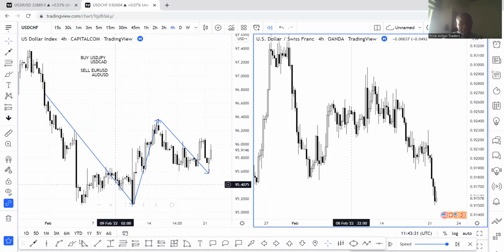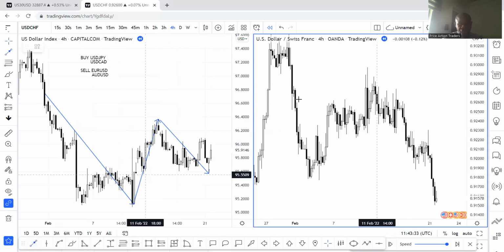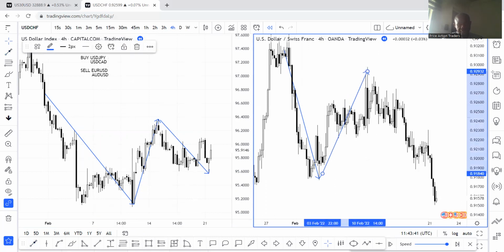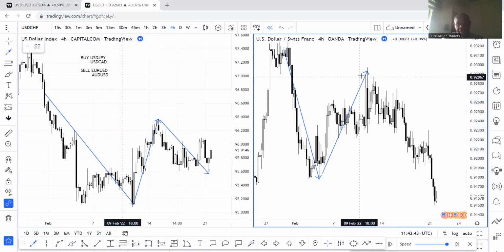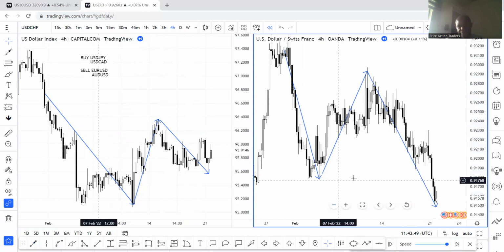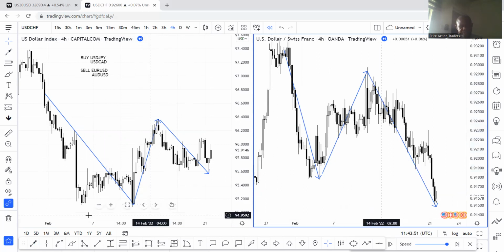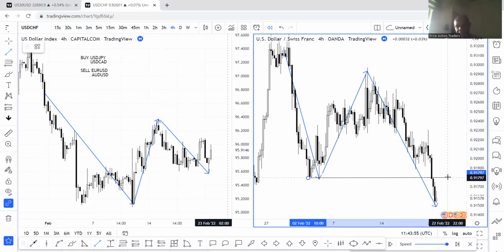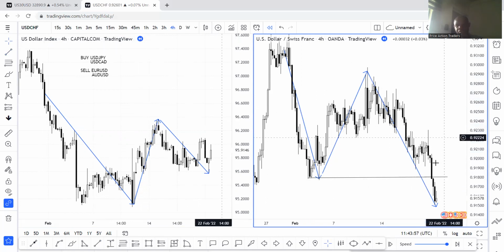So here we have US dollar Swiss francs moving to a lower low, then a lower high, then a new lower low, right? Which is lower than this. So you see that there is a manipulation of this low here.